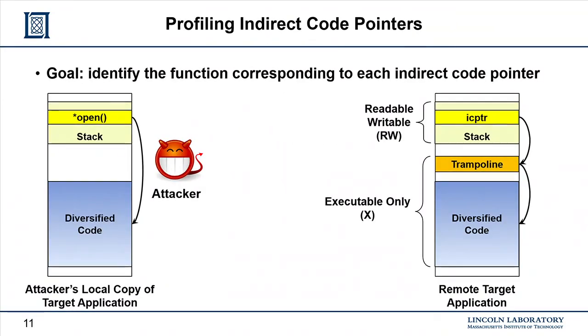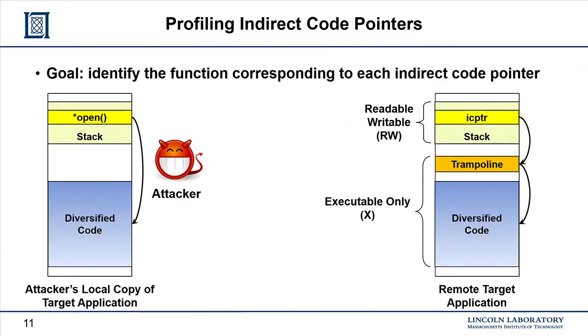So the first step in mounting this type of attack is identifying what function each indirect code pointer corresponds to. And the way we do that is by running a local copy of the target application. So let's say this is a web server and we want to target it. We run a local copy of it, and we send queries to it as we do normally. And then we observe that certain function pointers, for example, in this case, a pointer to open, will be stored on the stack.